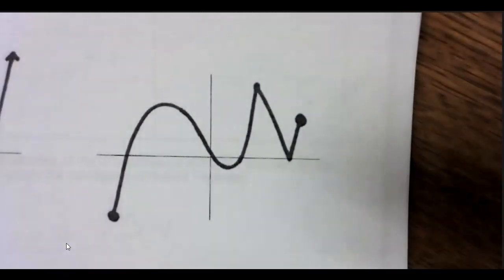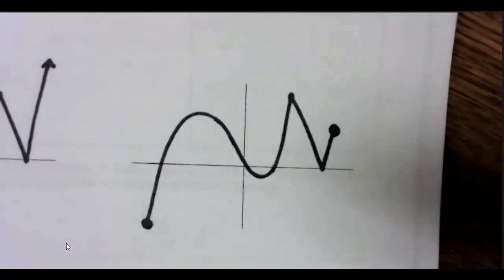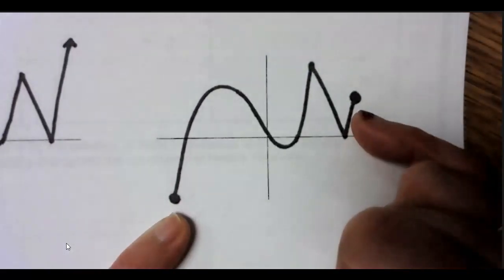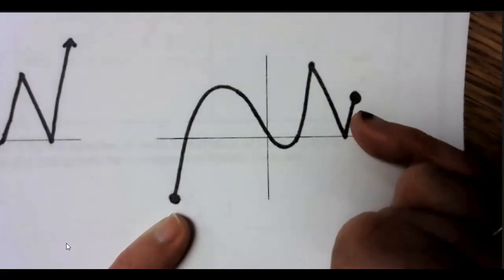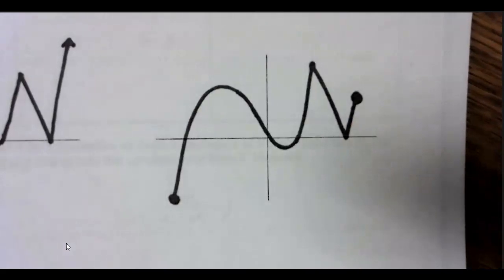All right, let's look at one of the funky ones down at the bottom. What do you notice about the beginning and the end? It's closed, right? That's key. Yes.